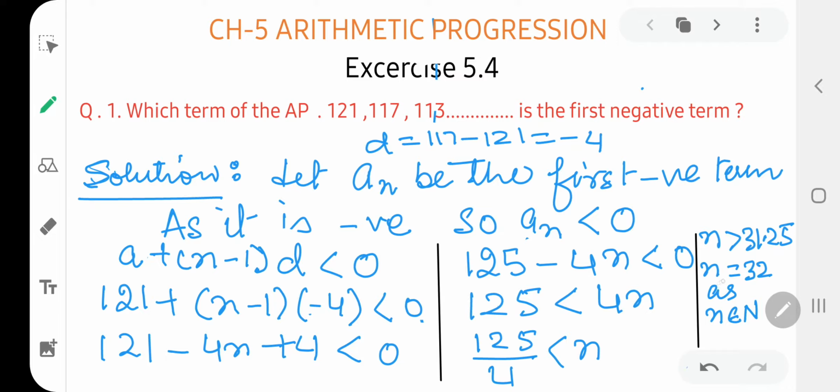So n is equal to 32. The first natural number greater than 31.25 is 32, and after the 32nd place all the terms will be negative. He wants us to find the first negative term. Therefore we are considering that n is equal to 32.